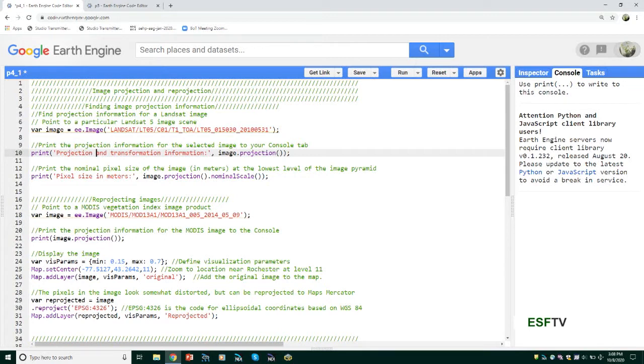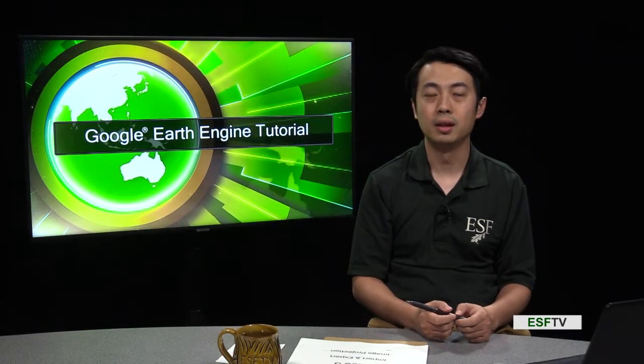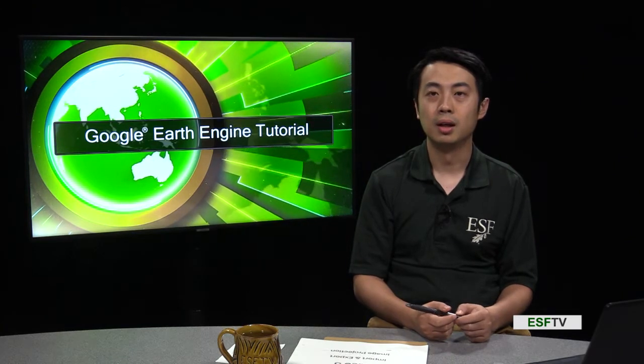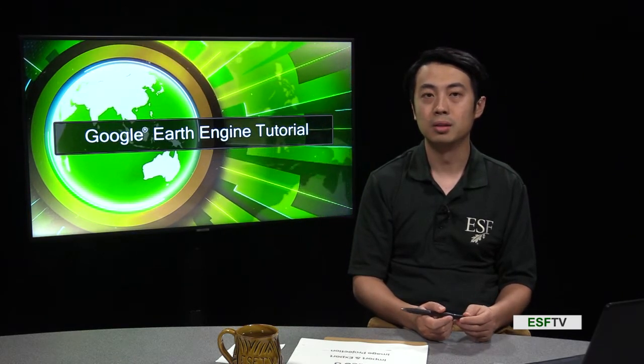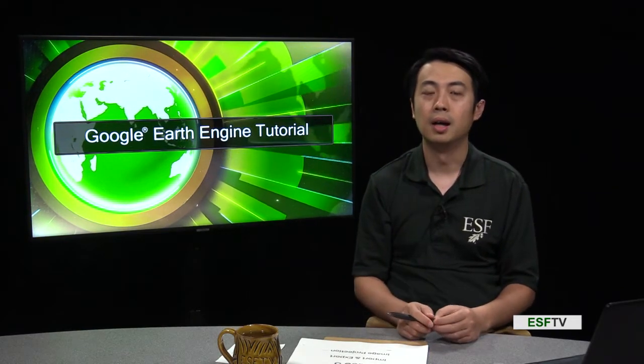Before I start, I just want to quickly mention the concept of image projection. Image projection is very similar to any other concept of looking at something from different perspectives.